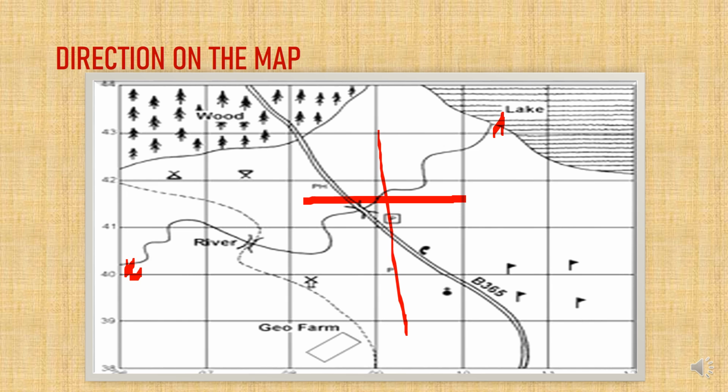If you draw them, it means the midpoint here is northeast. The direction of flow is usually asked as where it is going, not where it is coming from. So we determine where it is going. The river is going in a northeast direction of the map. That's how we determine the direction.